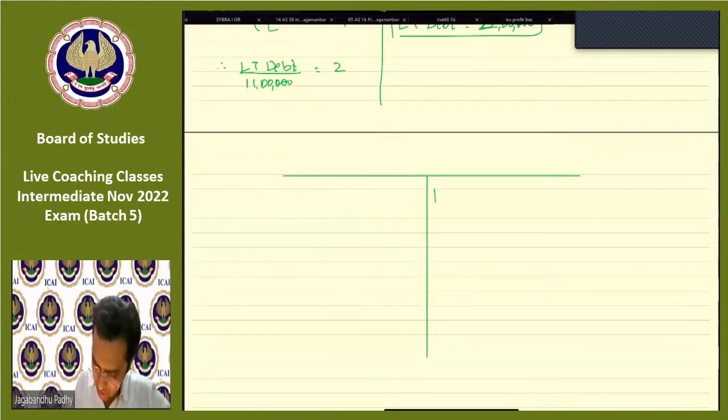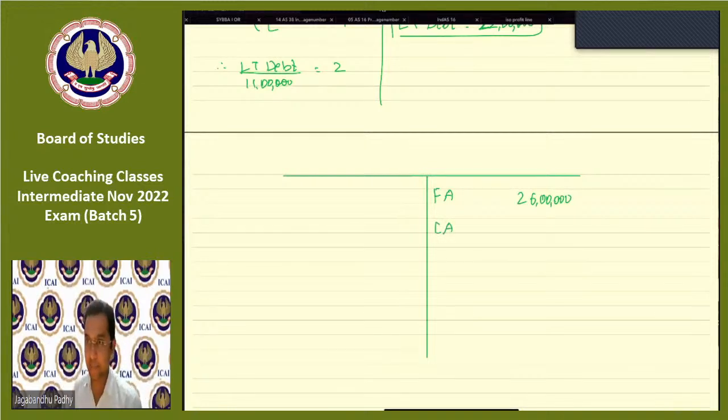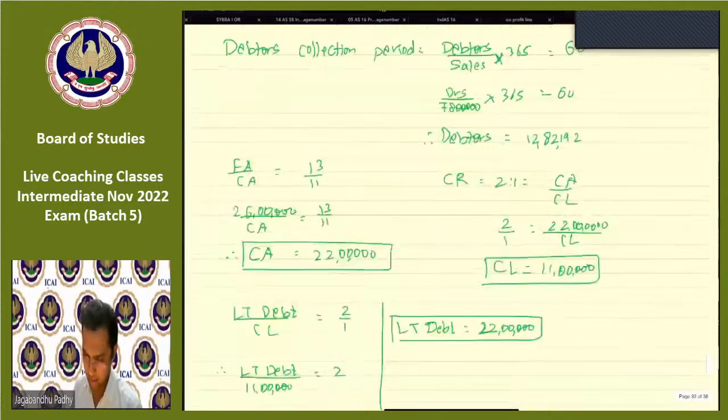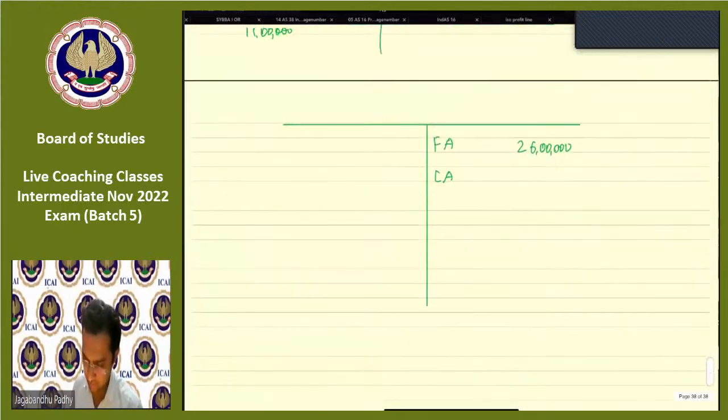In the draft balance sheet, we'll write down the fixed assets, which was 26 lakh, right? Then we had the current asset figure as current asset was 22 lakhs.